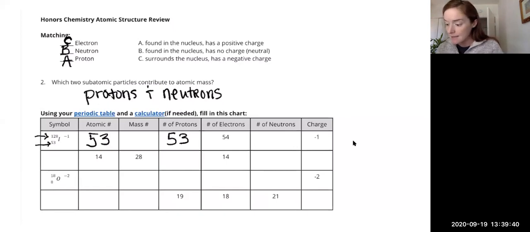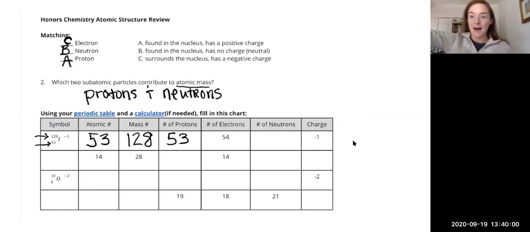All right, now the mass they told to us. It's right at the top of the symbol. It's 128, so that's easy, just filling it in. And what do we know from question number 2? Atomic mass equals the number of protons plus the number of neutrons. So we need to do a simple subtraction problem here.